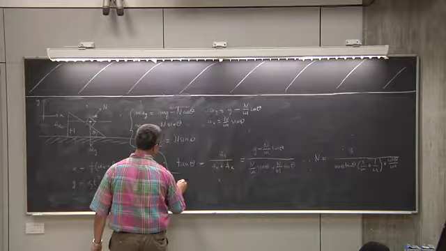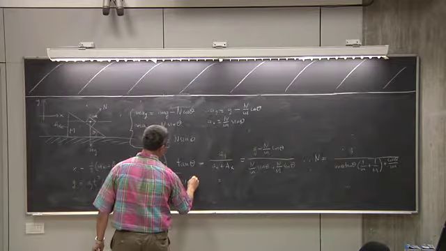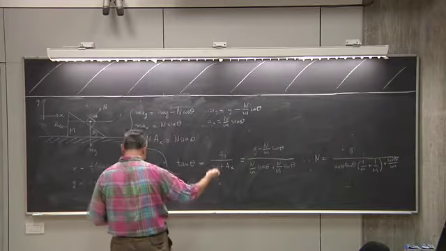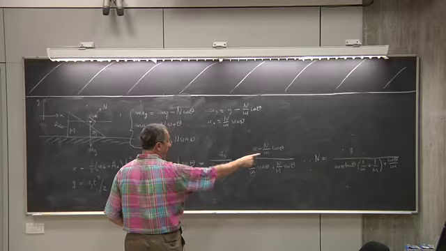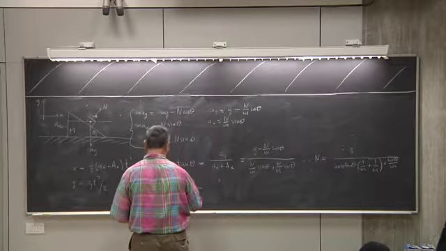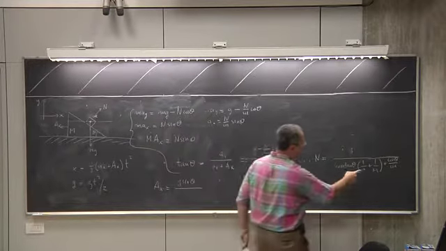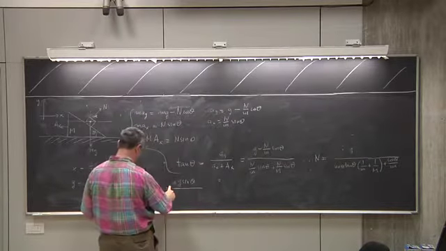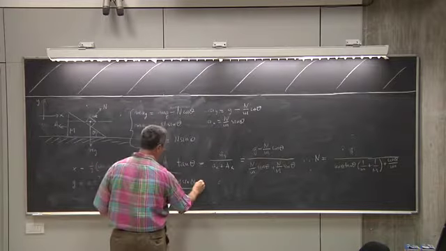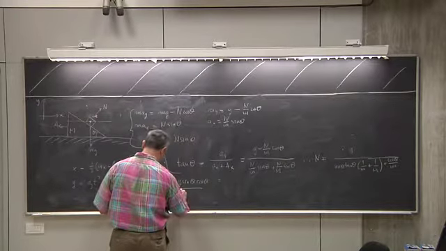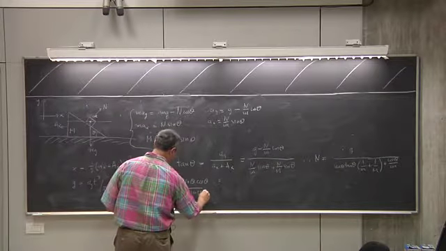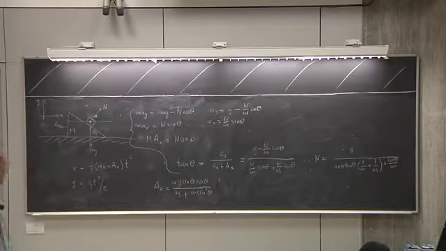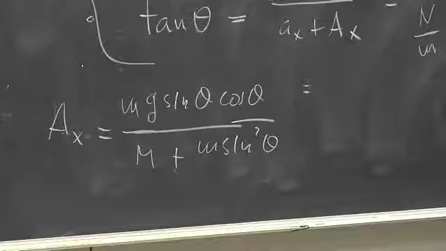So I just have g sine theta, divided by... you multiply by m, and you can bring m upstairs. That is nicer. So you have m g sine theta cosine theta over M plus m sine squared theta, if you massage the trigonometry there sufficiently.